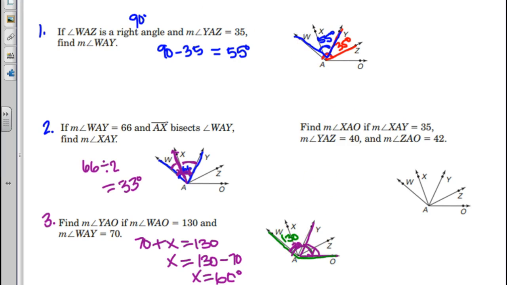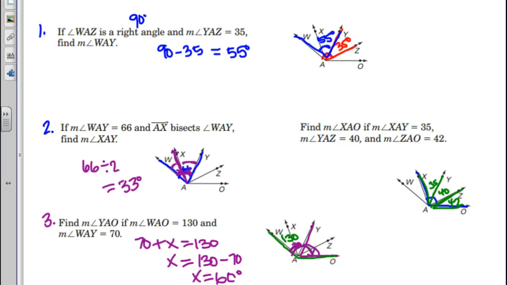All right, last problem. Find the measure of XAO. So this is what we're looking for. If, and let's label everything, XAY is 35, YAZ is 40, and ZAO is 42.